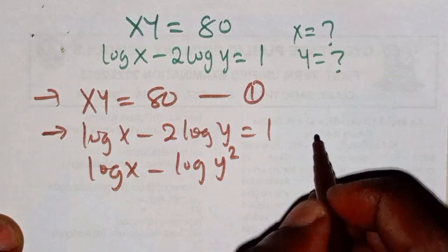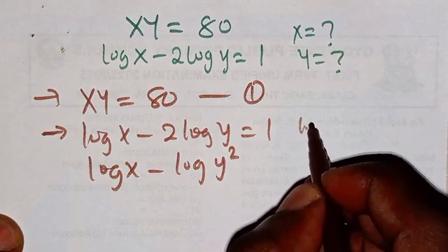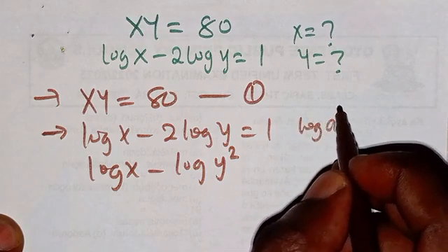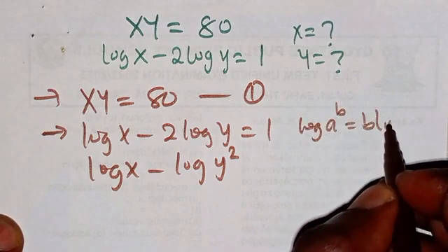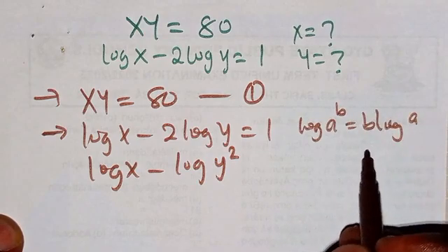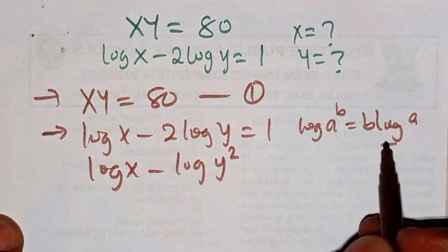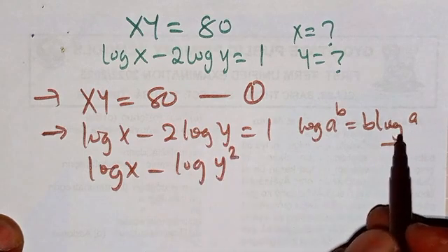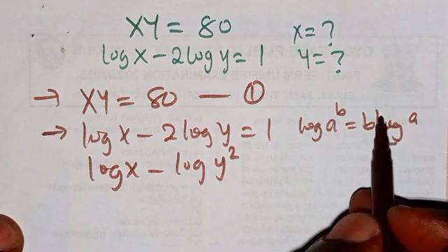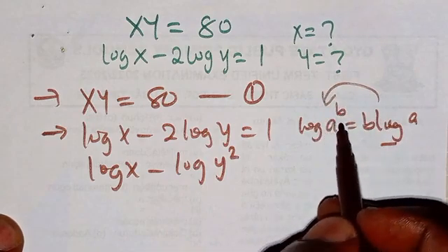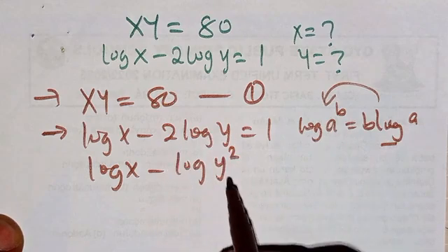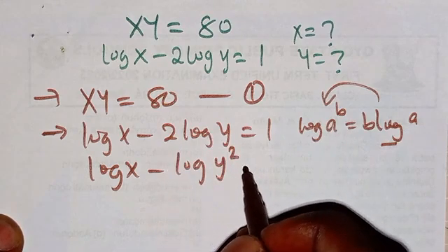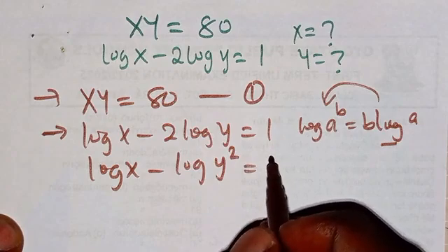When you have something like log a to the power b, this will be b log a. So we want to return it back to the left hand side. That is why we have 2 coming up here, then equals 1.